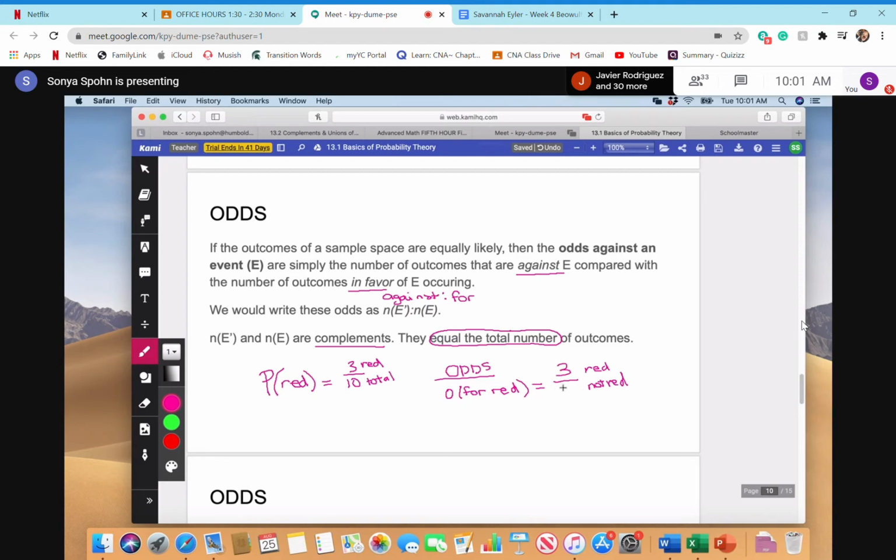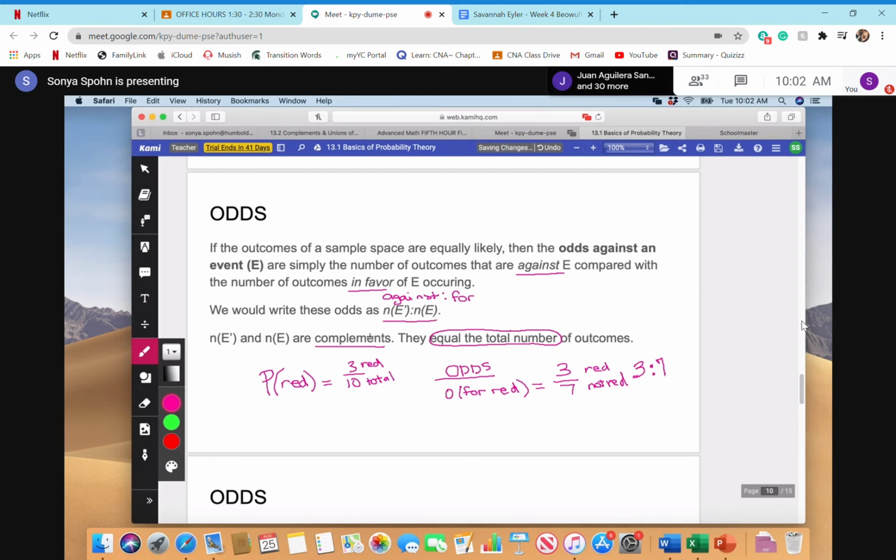How many not red? Well, if there were 10 total and 3 were red, do you agree that 7 would be not red? Just think of it a little differently. When we write our odds answers, we put this little colon here, 3 to 7. That's how it's read.